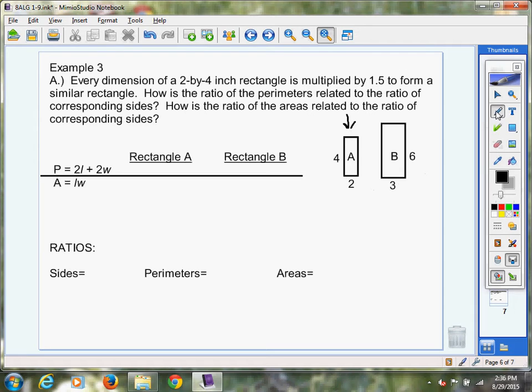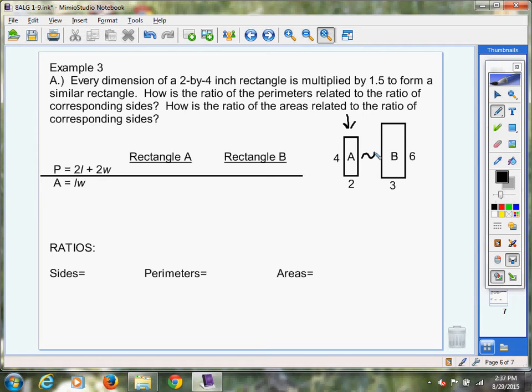So I just wanted to point that out to you. These are similar. I'll do the little squiggle line so you can see them. Rectangle A is similar to rectangle B. And they used a scale factor of 1.5. They multiplied each dimension by 1.5 to get the new dimension and the new rectangle, okay?